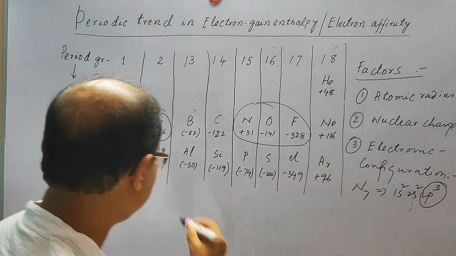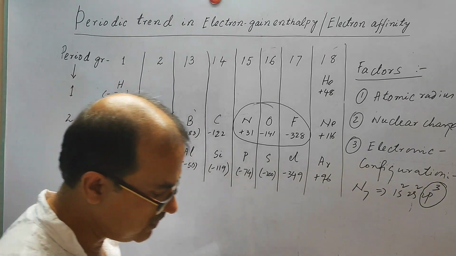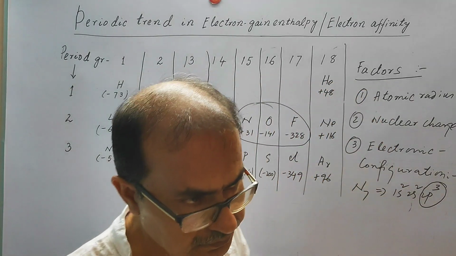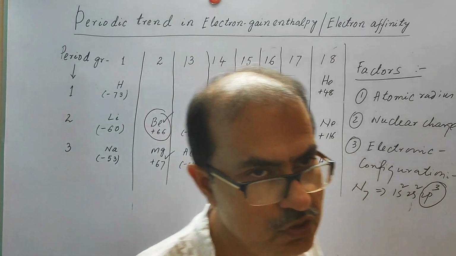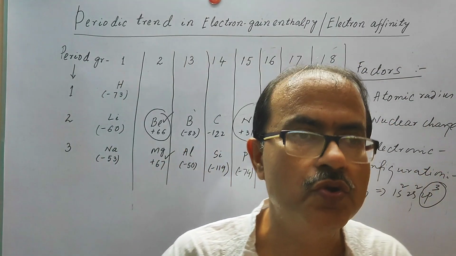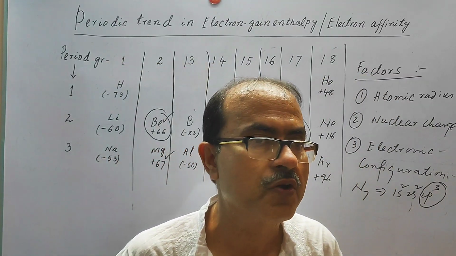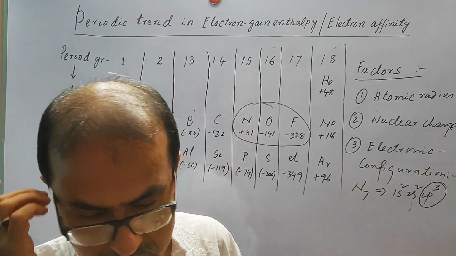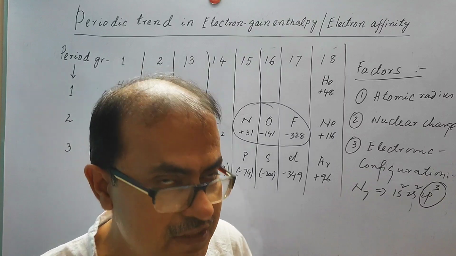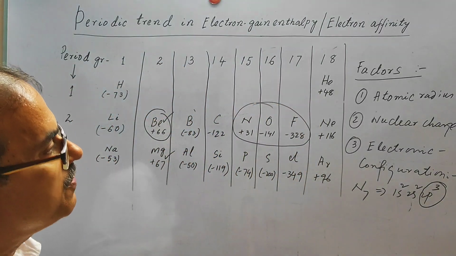For beryllium and magnesium, you can see the 2s subshell is completely filled, and in the case of noble gases, this is also completely filled. Due to this, when we give some electron, it will not accept that electron because it is already a stable configuration, so it will not want to take up any further electron. So you have to give energy for this case. Okay, so this is all understood.